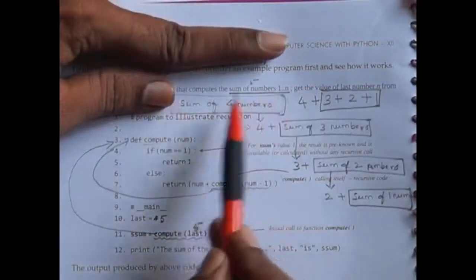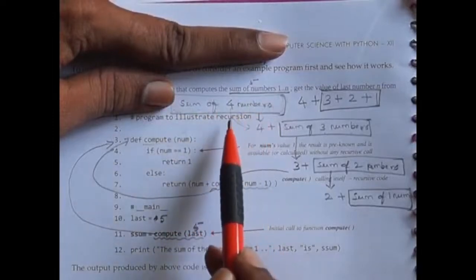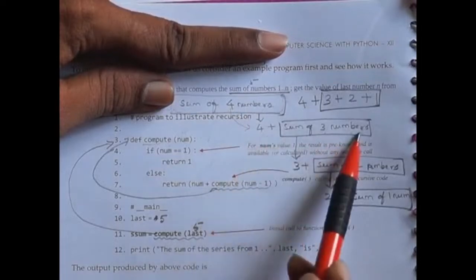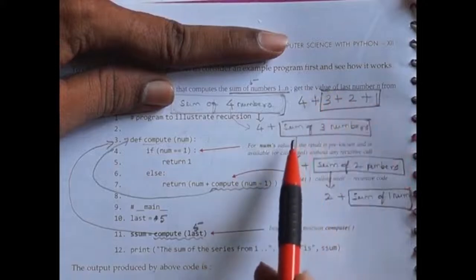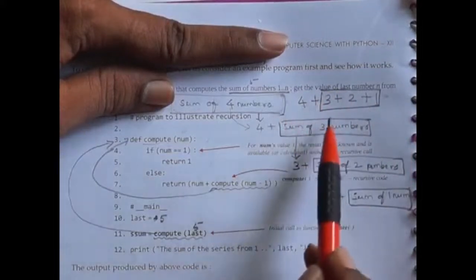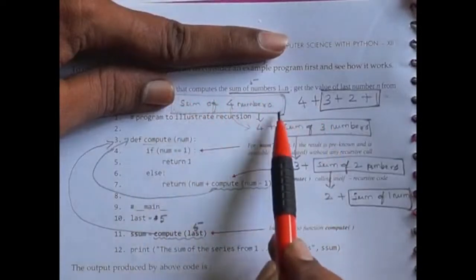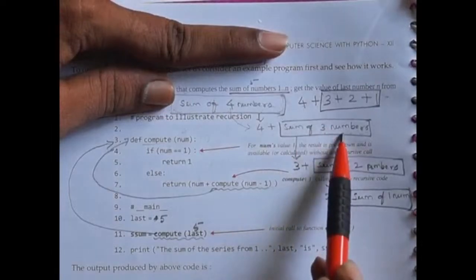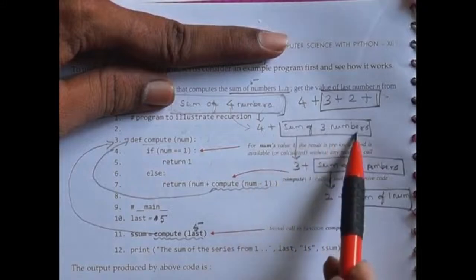Just see this alone. So what is sum of 4 number? Sum of 4 number means we write 4 plus sum of 3 number. Am I right? So 4 plus sum of 3 number. Okay. Fine. So if you want to find the value of sum of 4 number, first you should know the value of sum of 3 number.